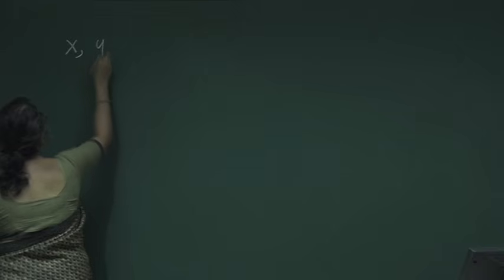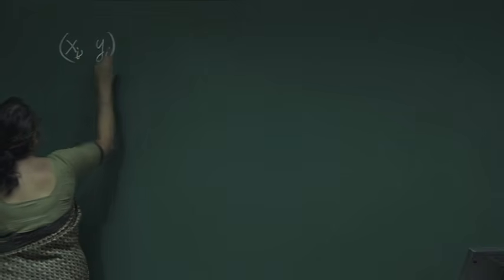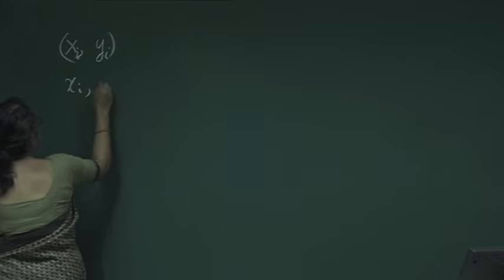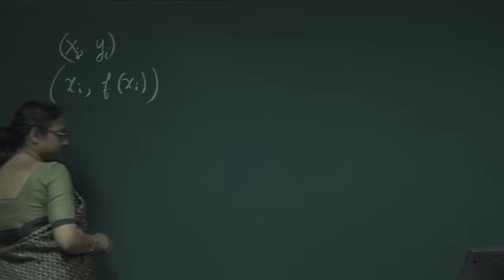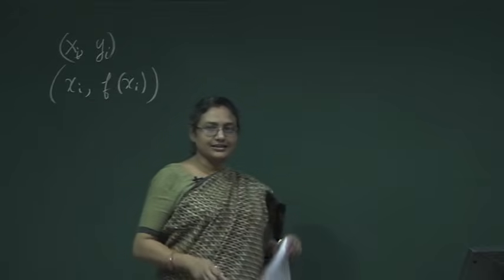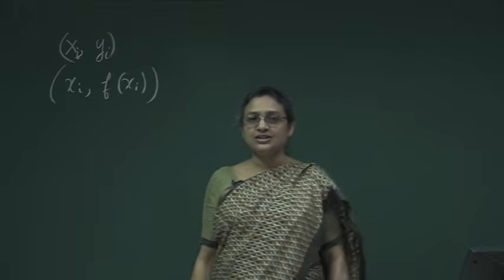So, suppose in machine learning, in supervised learning, you have got training examples x, y, a set of them x_i, y_i, or you can say x_i, f(x_i). These examples are given to you, and given these examples, you want to come up with a function f.